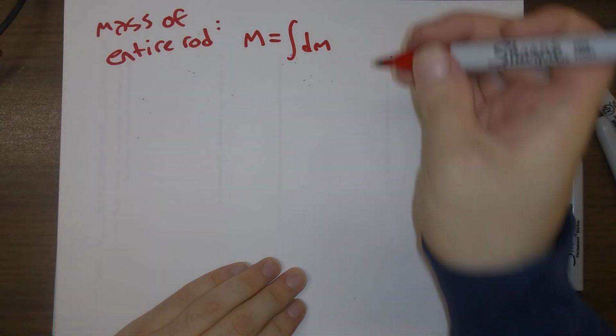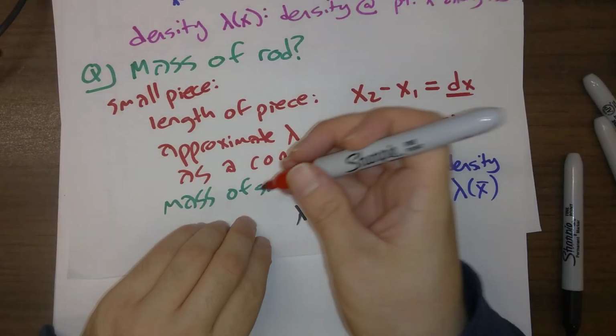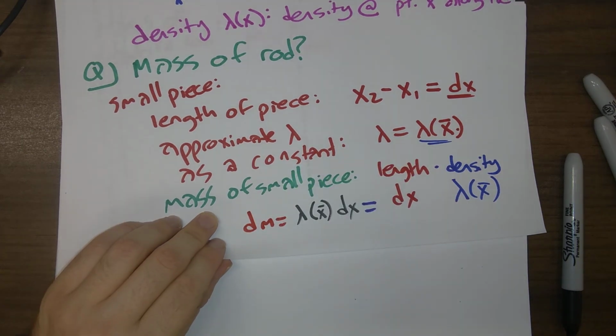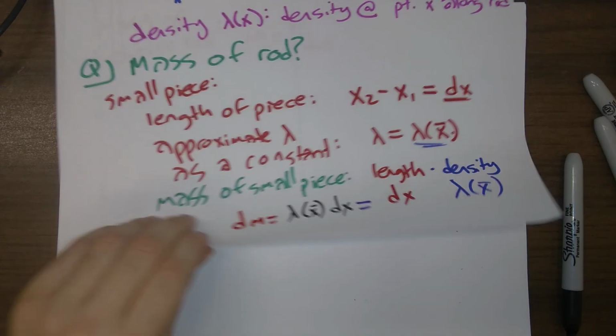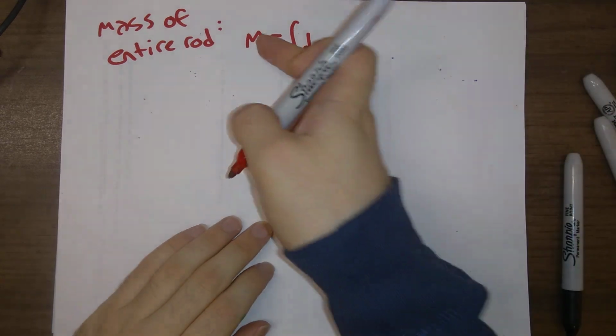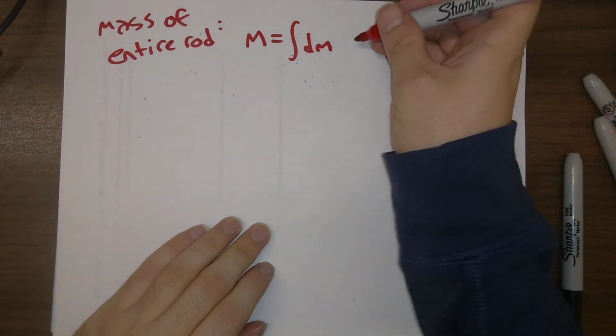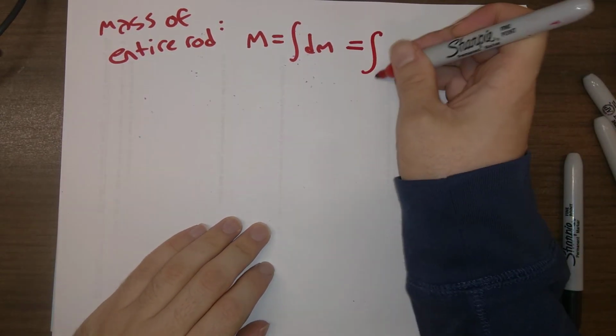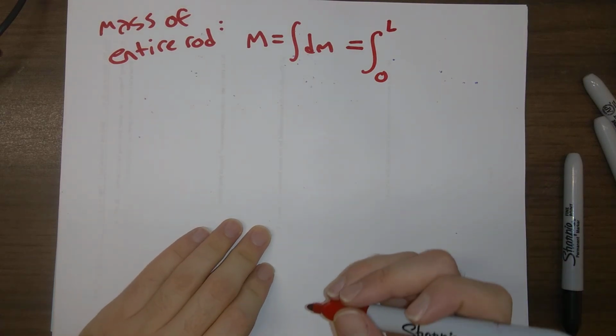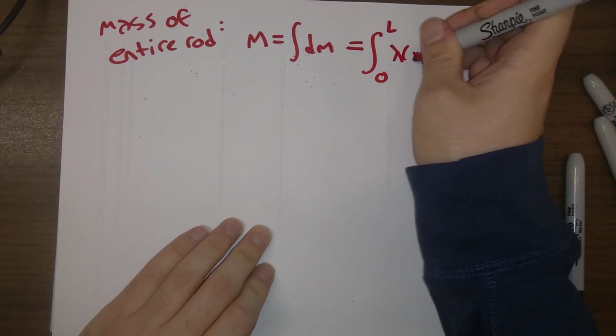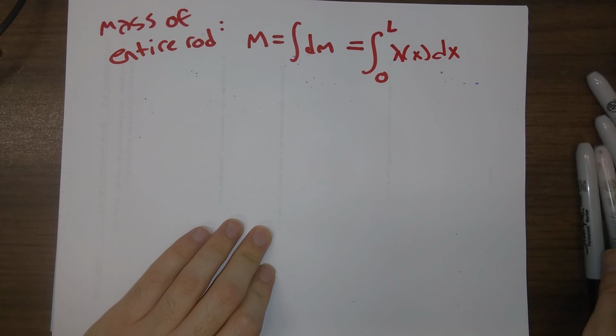We could call dm a little chunk of the mass. The overall mass, the integral of dm, is the integral where x runs from 0 to L of lambda of x dx.